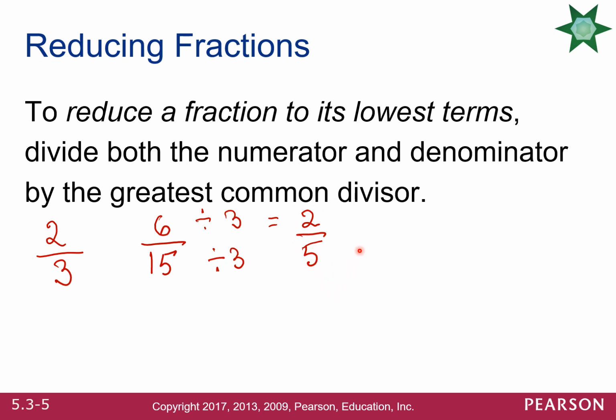Therefore, now we have reduced 6 over 15 to its lowest terms, and that's 2 over 5. So this is how we are going to learn how to reduce fractions. In the next slides, we will go through some examples of this. This was just explaining what we mean by reducing a fraction to its lowest terms.